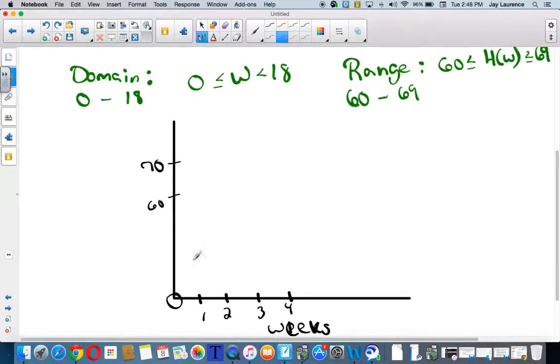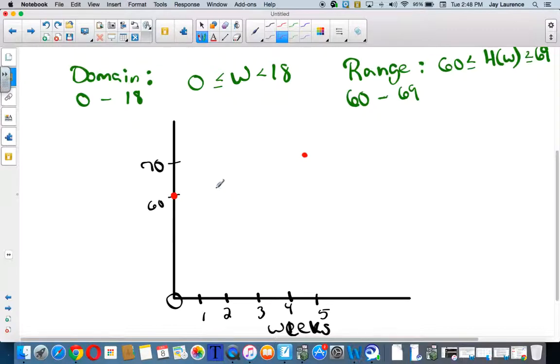Okay, so at 0 weeks, he's at 60, right? 1 week, he's 1/2 an inch up. So let me see, 5 weeks, he should be at 70 inches, right? So at 5 weeks, he should be right there.